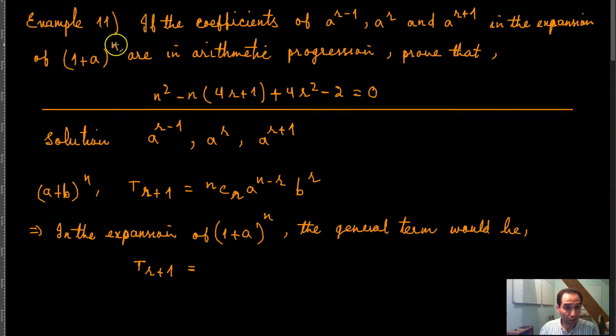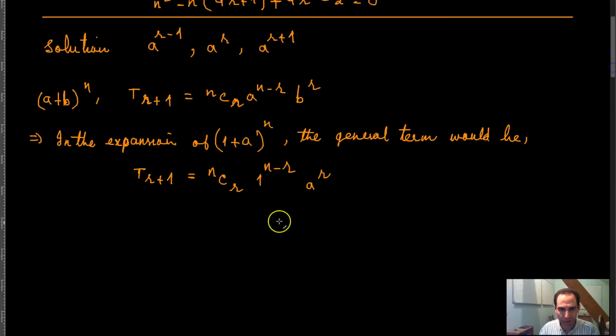Looking at (1 + a) raised to the power n, r would be 1 less than the term number, so n combination r, a in this case is 1 raised to the power n minus r, and b is a, so a raised to the power r, right? Which is the same thing as n combination r.